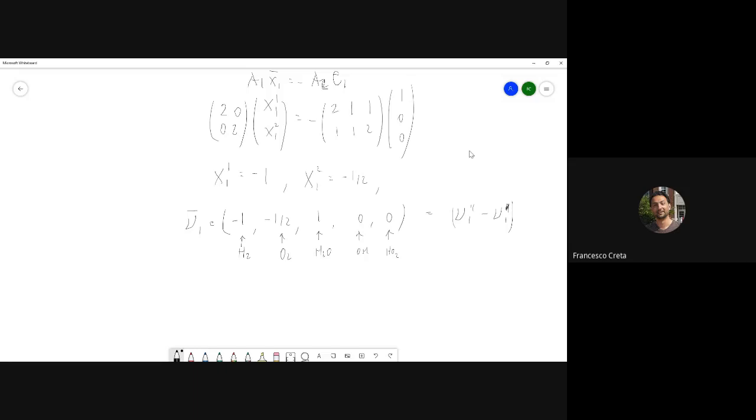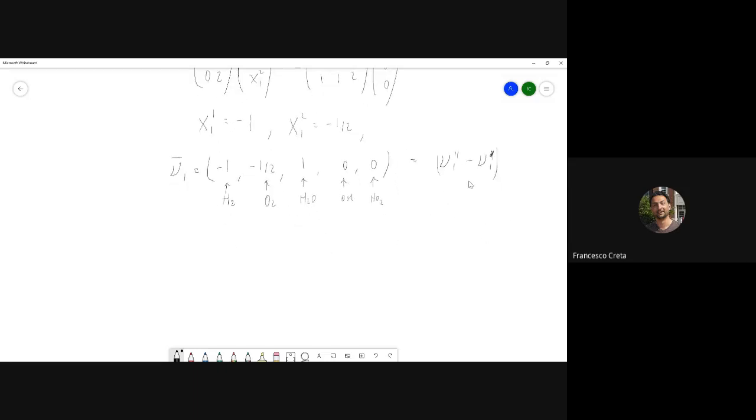And so here, whenever you have a minus sign, it means that it's a reactant. So it's 1 times H2 plus 1/2 of O2, and you see you have only water here, H2O, 1.